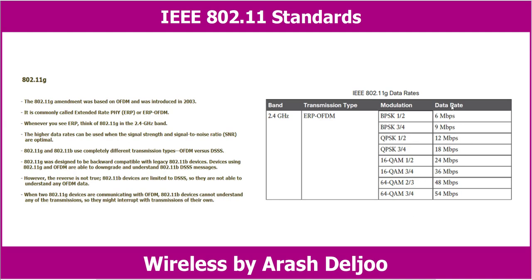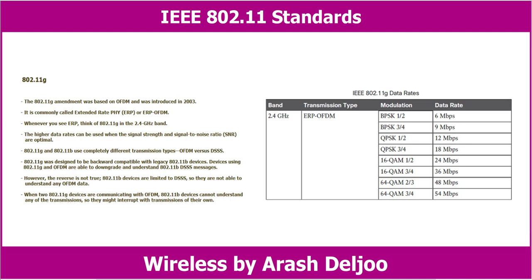As you can see, data rate increases from 6 megabit per second to 9, 12, 18, 24, 36, 48, and finally 54 megabit per second. By selecting one of the 8 different modulation schemes, wireless devices can choose a data rate of 6, 9, 12, 18, 24, 36, 48, or 54 megabit per second.